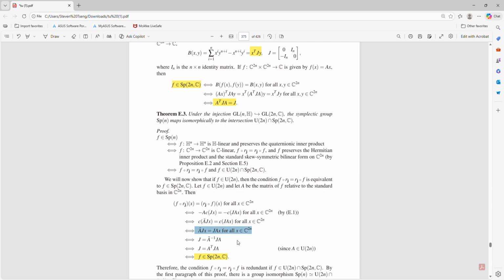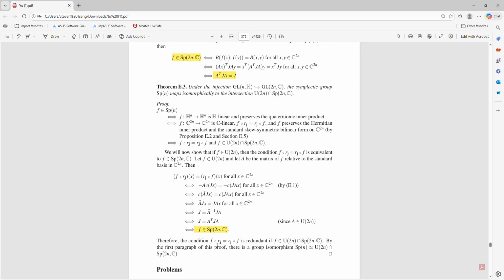And because A belongs to the unitary group, we get that J equals A conjugate inverse multiplied by J and multiplied by A. And finally we get this equation.